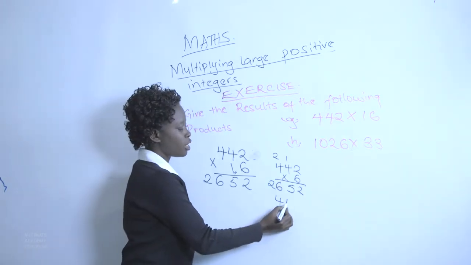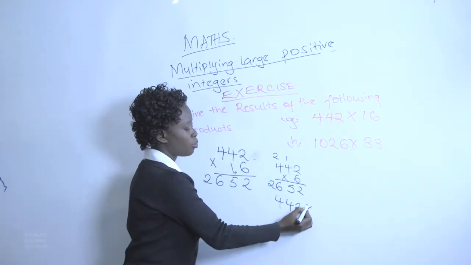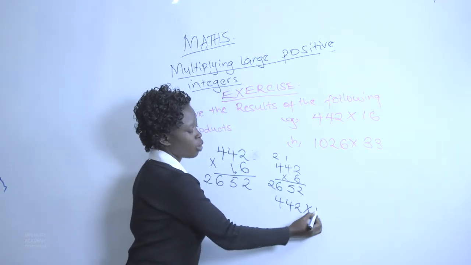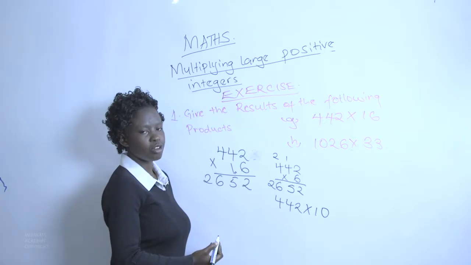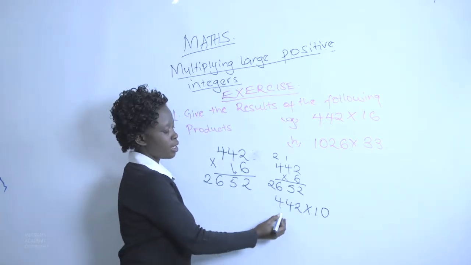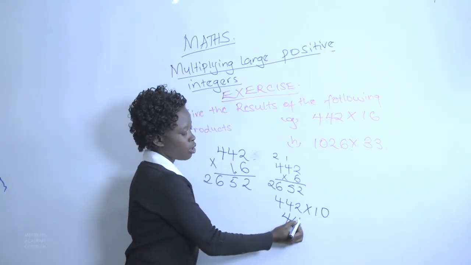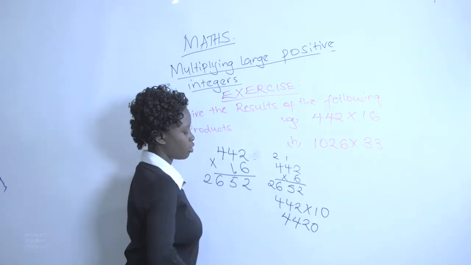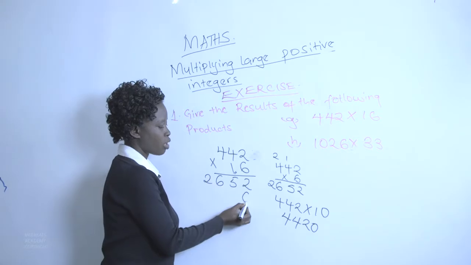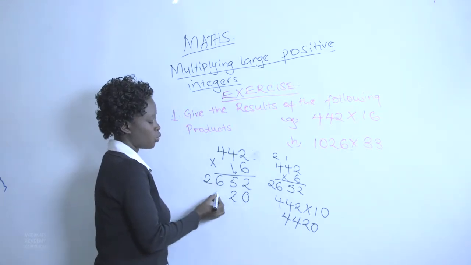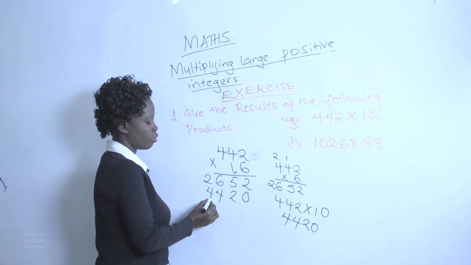We are having 442 multiplied by its total value, which will be 10. So we get that 442 times 10 gives us 4,420. So we come and transfer the details we have here. So we have 0, 2, 4, and 4.